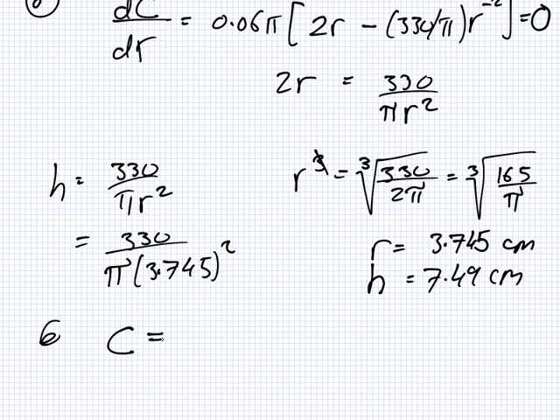When you put them back into the formula for cost, just hit it on the calculator and I think you'll get 8 pence for this. Okay, got that? Continue? Yeah, okay.